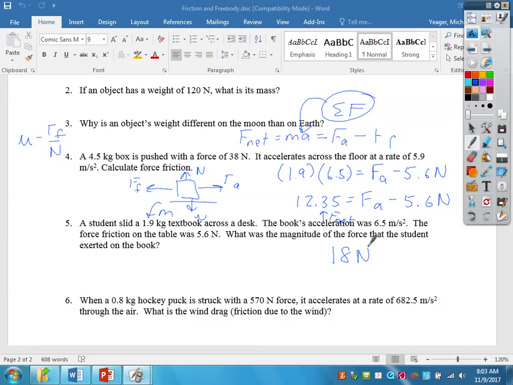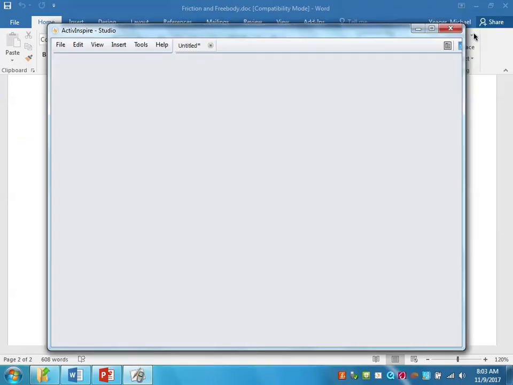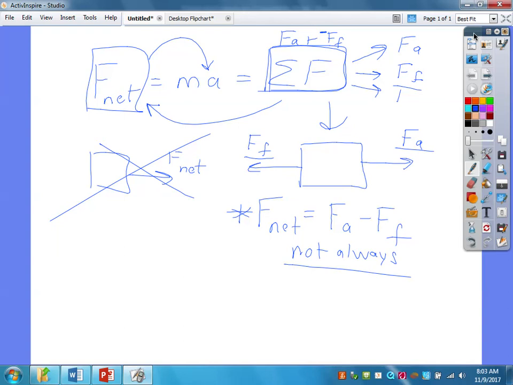I get that this formula at the top, F net equals ma, the sum of forces, is usually the one that I have to keep reinforcing with students. Get comfortable with that. Keep practicing with it. Do not memorize stuff like F net equals FA minus FF.